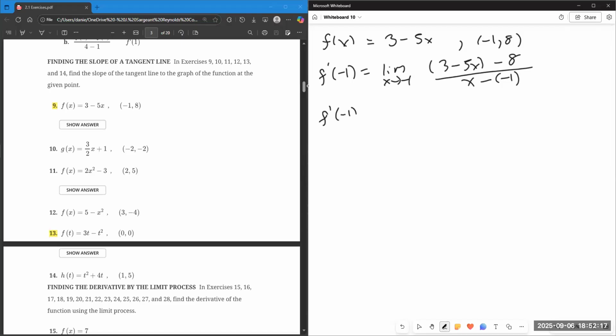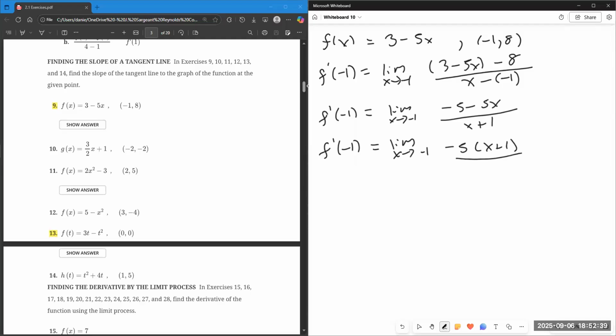f prime of -1 is the limit as x goes to -1 of (3 minus 5x minus 8), which is -5 minus 5x, over x plus 1. f prime of -1 is the limit as x goes to -1 of -5 times (x plus 1) over (x plus 1), which is the limit as x goes to -1 of -5, which is -5.